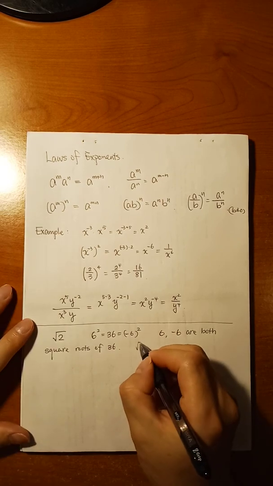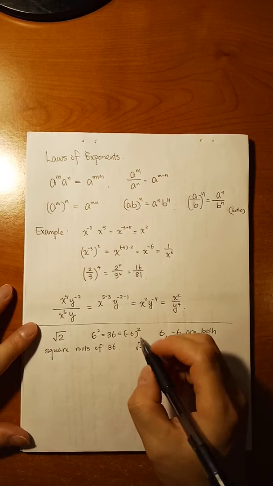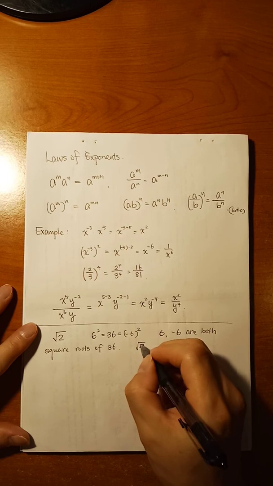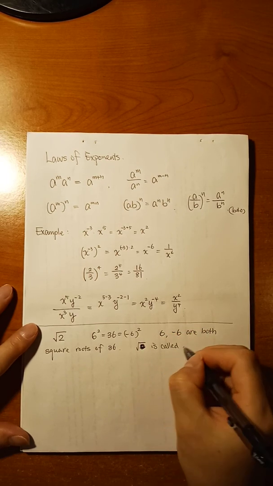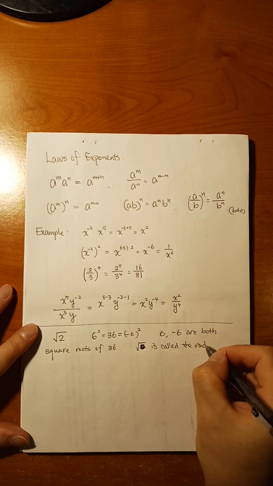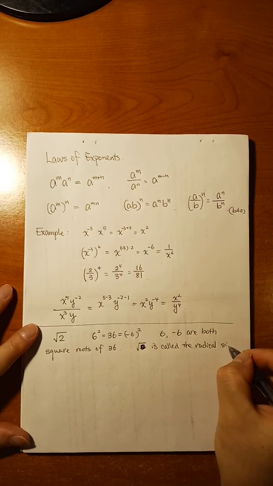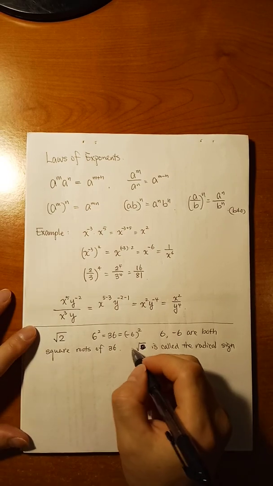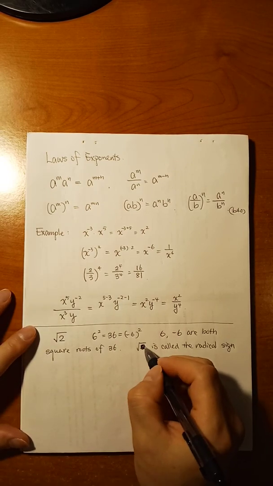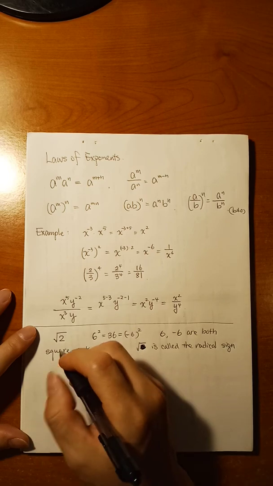You can find it. This symbol is called the radical symbol, radical sign. We just call it square root. And if you don't put a negative sign, it's always positive.